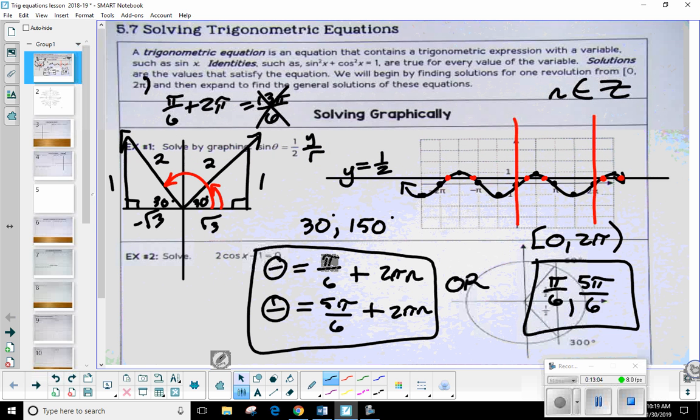Because remember, when we looked at it graphically, what did we see? Yeah, there were only 2 solutions. In fact, this one right here should be pi over 6. What should this one be? 5 pi over 6. And then when you get to the next rotation, see, that's why we're adding 2 pi. That will give me every single coterminal angle, so therefore every solution to the problem.